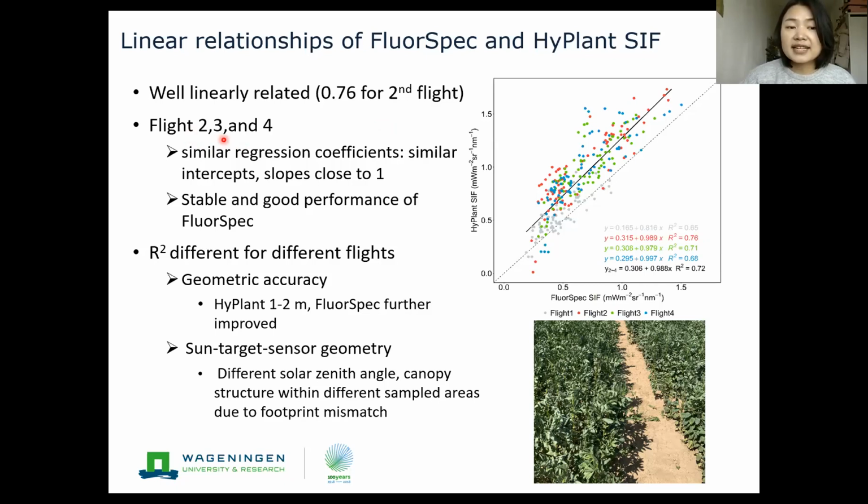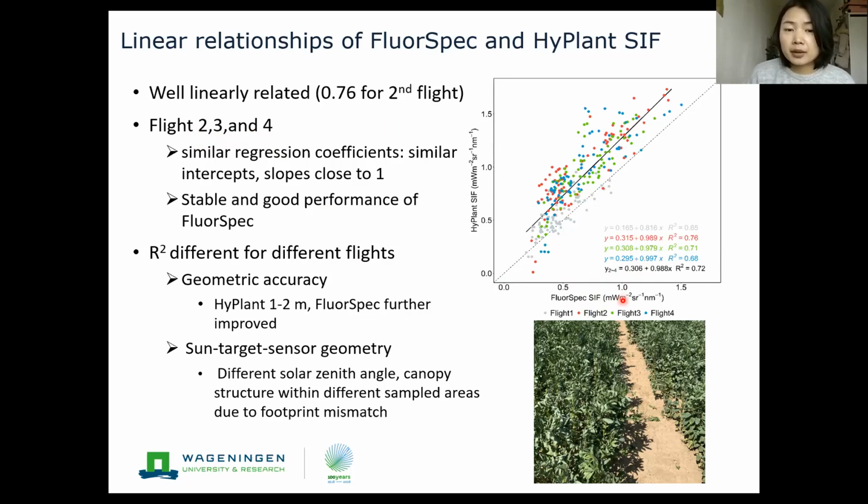For the last 3 flights, we found very similar regression coefficients, very similar intercepts, and slopes quite close to 1.